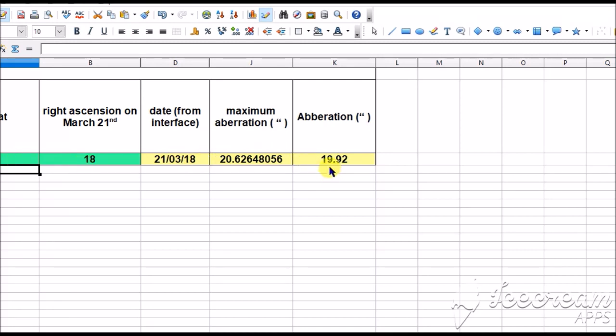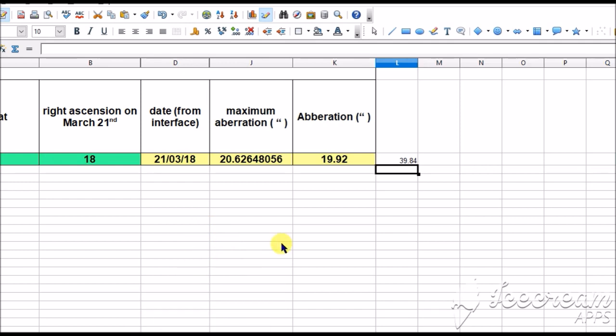So there is the 19 or almost 20. So if we multiply this number by 2, because the variation is in both directions, so this is the almost 40 seconds that he observed. The variation he observed, 40 seconds.